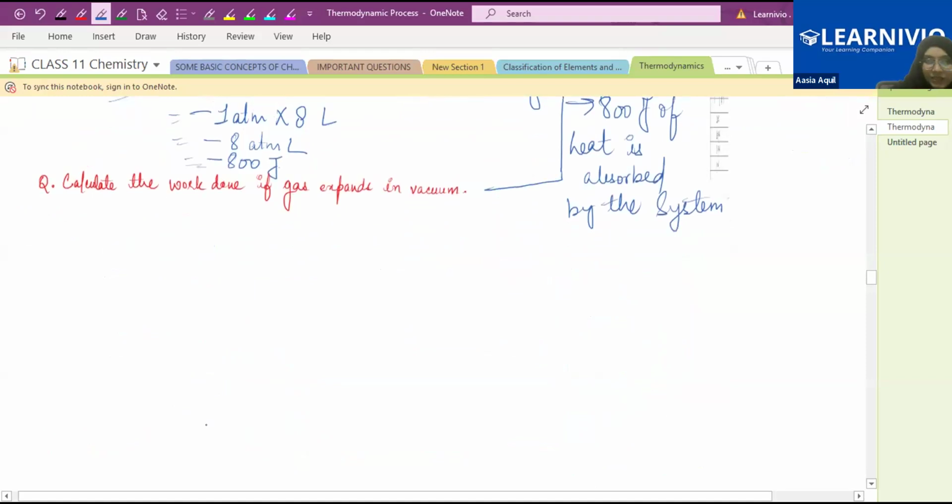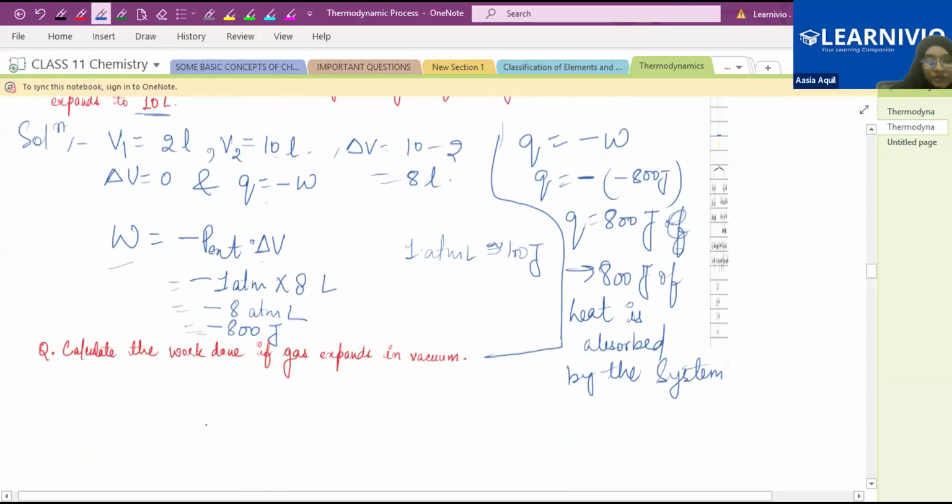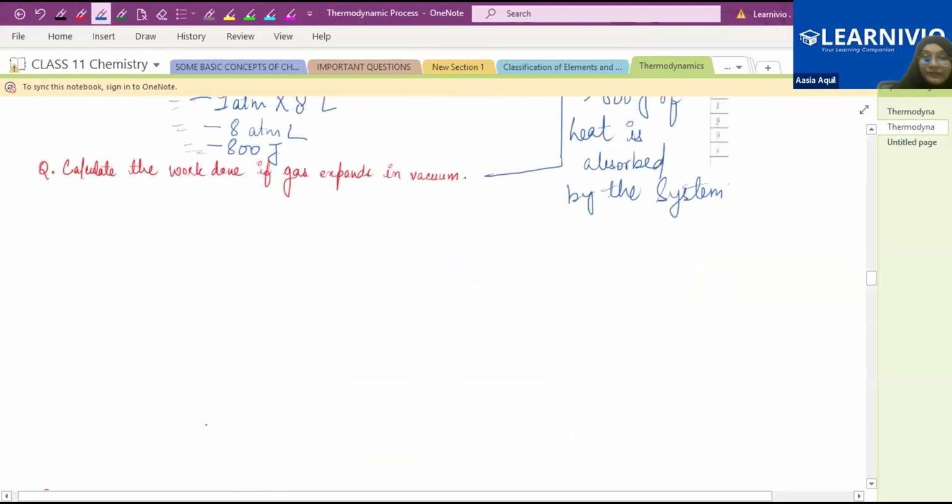Next is the continuation of this question. In the same question, calculate the work done if the gas expands in vacuum. If the gas is in vacuum, P external will be 0.